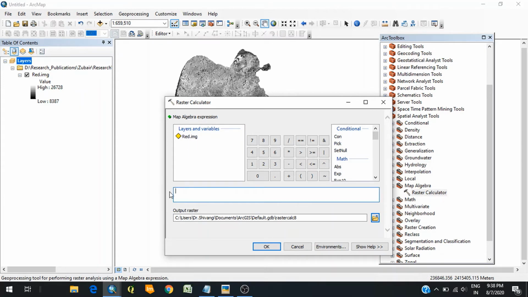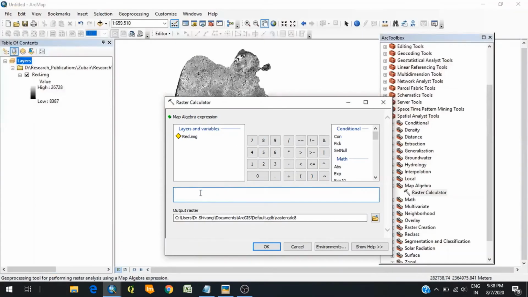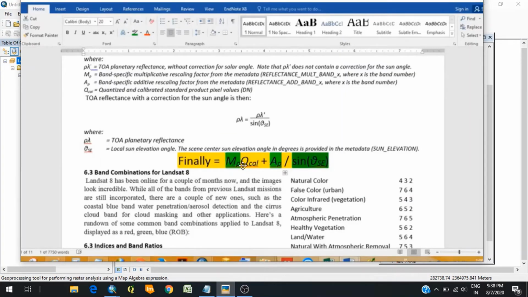Now we have to apply this formula here. The formula was the multiplicative rescaling factor times the QCal, that is the DN value or the image itself, plus the additive rescaling factor, divided by the sine of the sun elevation angle.